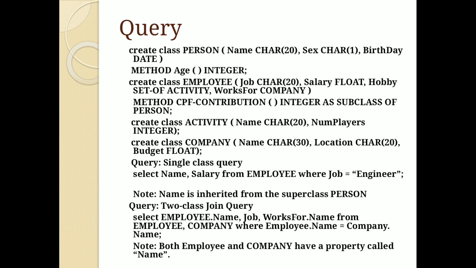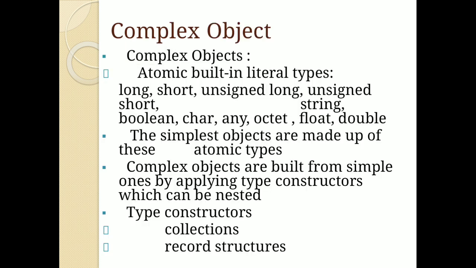And the next one is join query. Select employee.name, job, works_for.name from employee, company where employee.name is equal to company.name. This is a simple SQL query for joining, and here both employee and company have a property called name. Now, what is complex object?